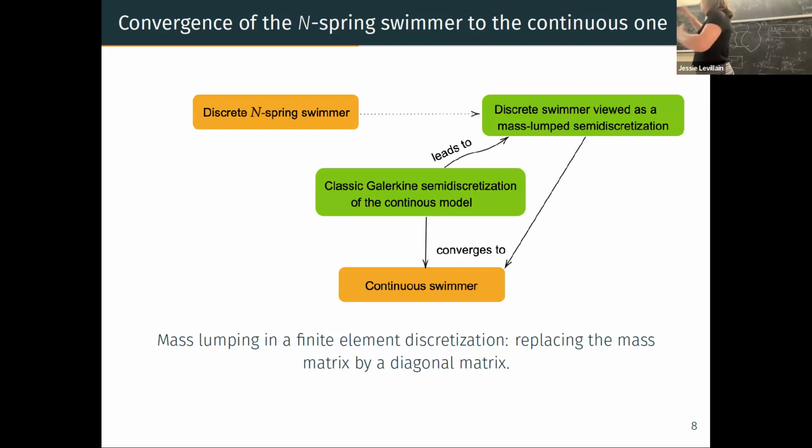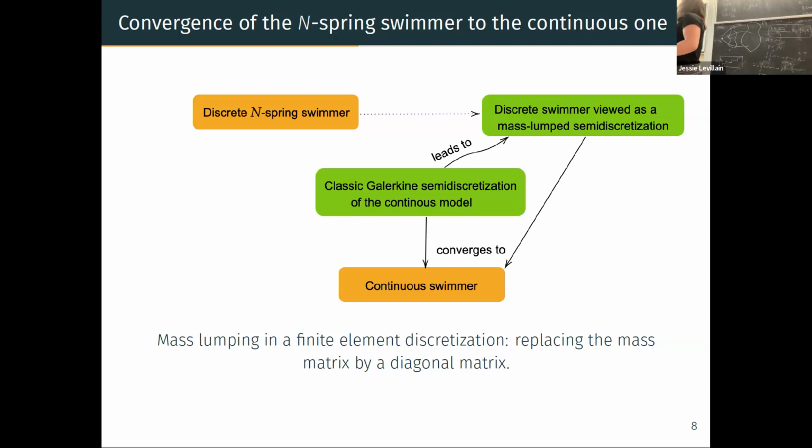There are several steps and it's a bit convoluted, but you can actually write the continuous swimmer as a classic semi-discretization. So you discretize in space and not time, and you have a classic finite element scheme for your swimmer. Then, for each line of the mass matrix, if you sum all the terms and put this value on the diagonal, it's called mass lumping, and you get a mass-lumped discretization of your model.